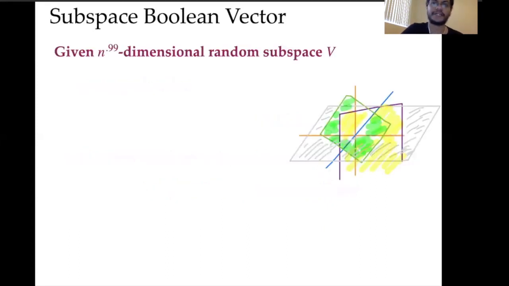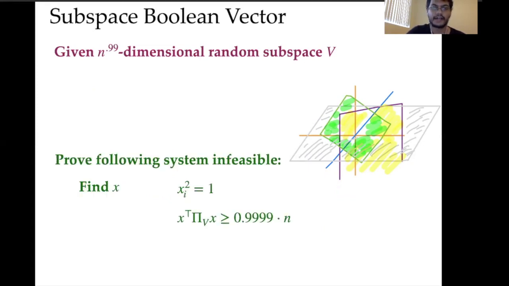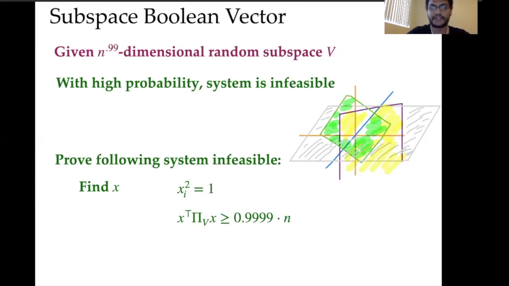So this motivates formally defining the problem that we will call subspace Boolean vector. In this problem, you're given an n to the power 0.99 dimensional subspace V. Let's say V is a random subspace. And we want to prove that there's no Boolean vector close to this random subspace. More concretely, you should consider the polynomial system where you're looking for an x. x has to be a plus-minus 1 valued vector, and the projection of x on the subspace is very close to its actual norm squared, n.